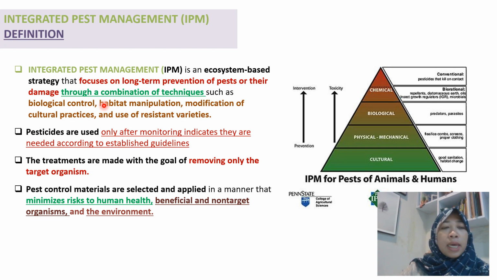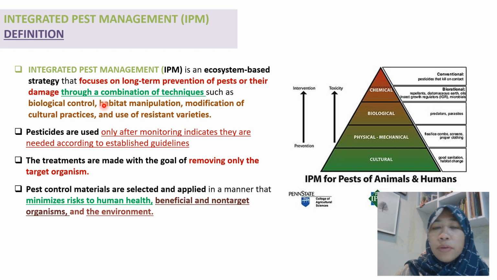And then, pesticides are used only after monitoring. In the IPM strategy, we can use chemical pesticide as the last option for controlling pests. If we already use cultural, physical, mechanical, and biological control and they do not really help, then we can use chemical pesticide.